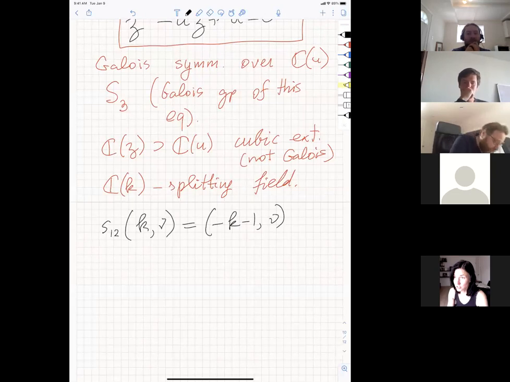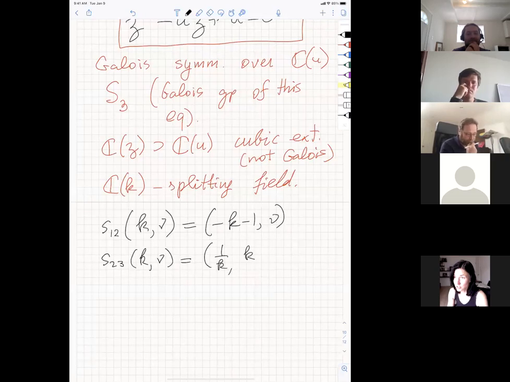But the second symmetry, sending k, nu, you can check that it sends it to 1 over k times k, nu. And this symmetry you do not see so easily at the level of the Calogero-Moser system. So actually you can see it.